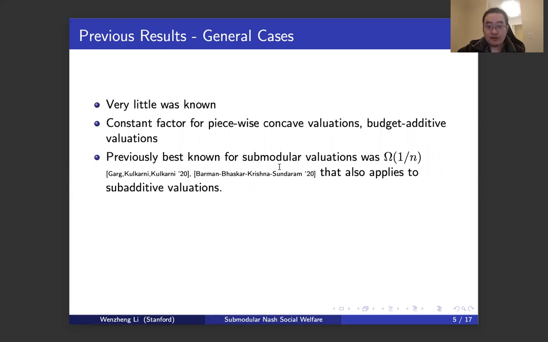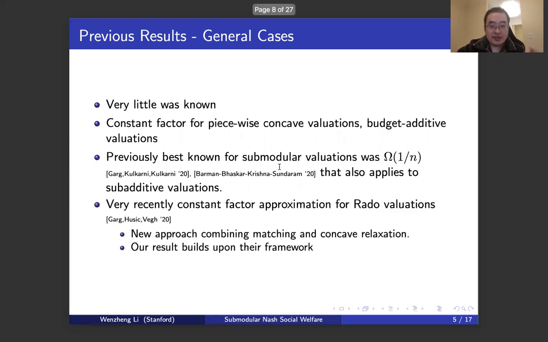As for submodular valuations, the ratio was linear in the number of agents, so it's very far from being constant. Very recently, Garg et al. proposed a new method combining matching and concave relaxation.